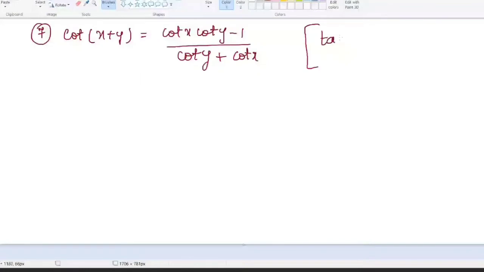You remember tan x plus y. This is very important for us. What is the tan x plus y formula? Tan x plus tan y whole divided by 1 minus tan x into tan y. You cannot afford to forget this formula.